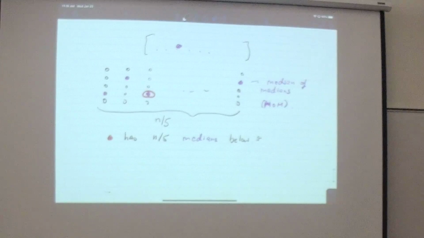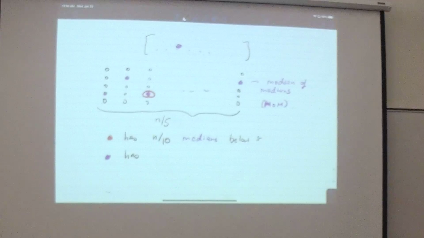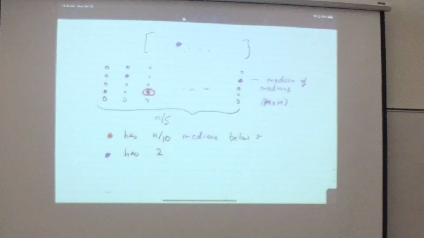And each median has 2 elements below it. What can we say about the total number of elements below the red median?